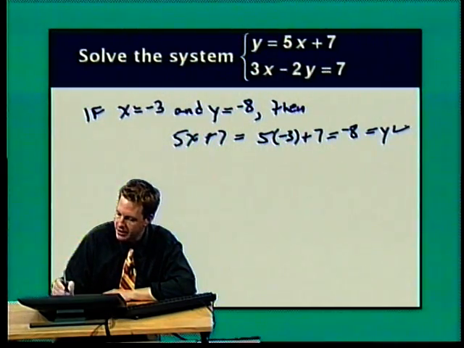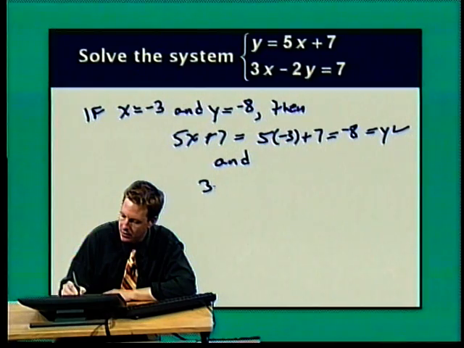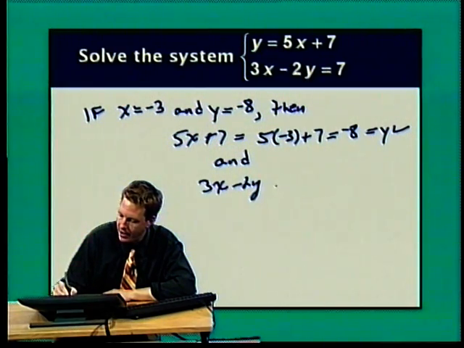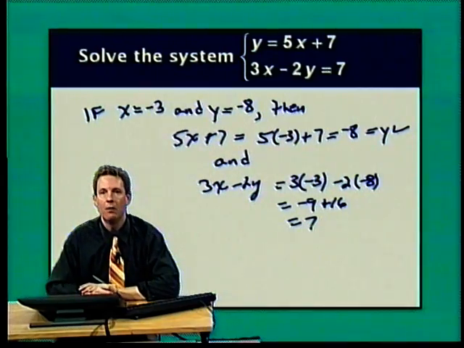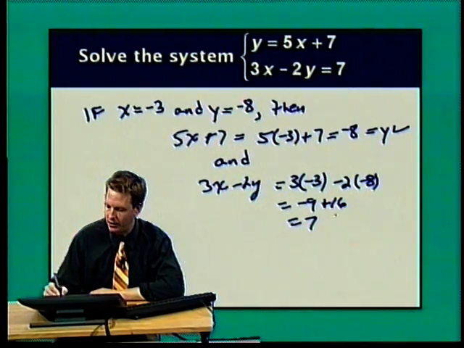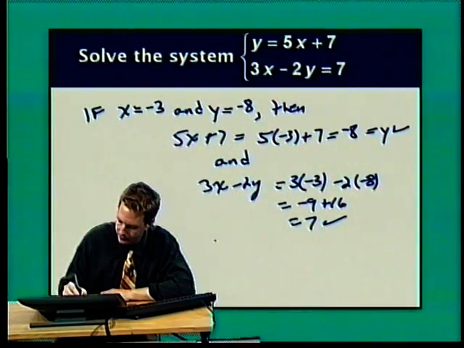So the first equation checks. And 3x minus 2y is 3 times negative 3 minus 2 times negative 8. That's negative 9 plus 16, which is 7. We wanted 3x minus 2y to equal 7, so this checks as well.